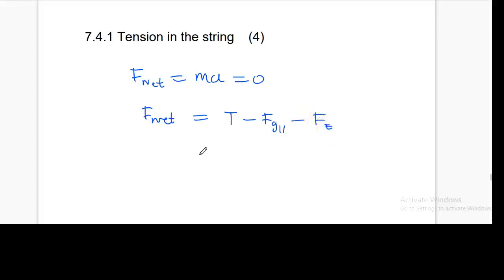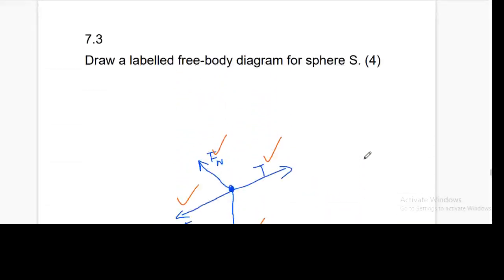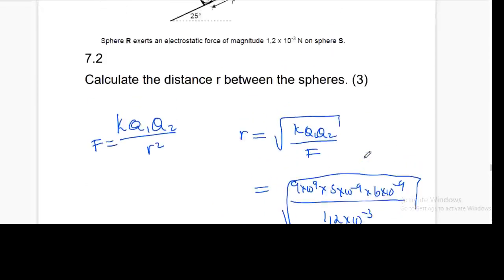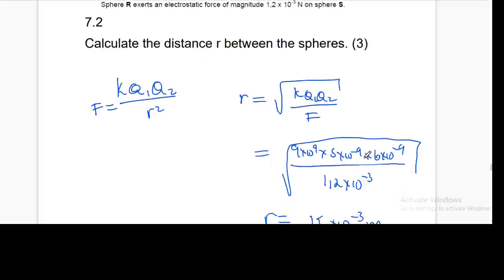Now F net is equal to 0. We don't have T. What is Fg parallel? It is mg sine theta minus Fe. Fe is 1.2 times 10 to the power negative 3 newtons.